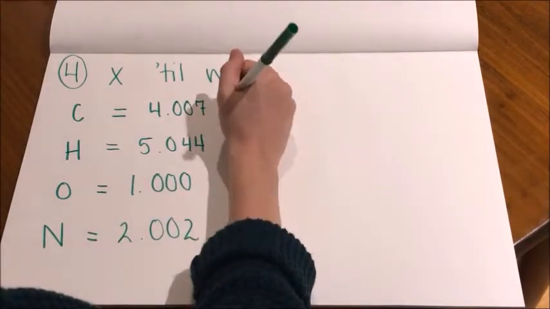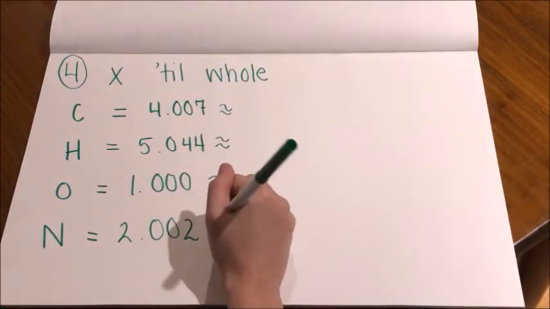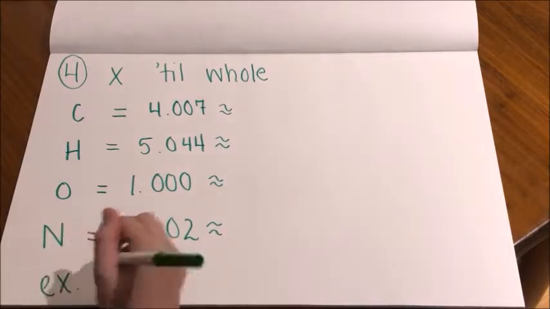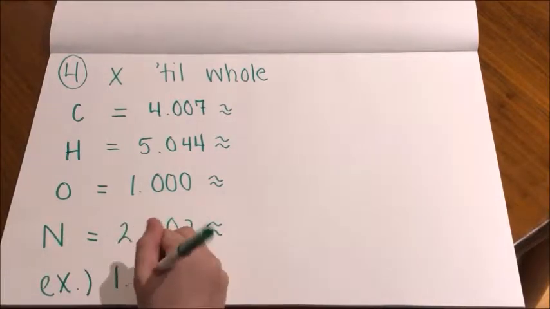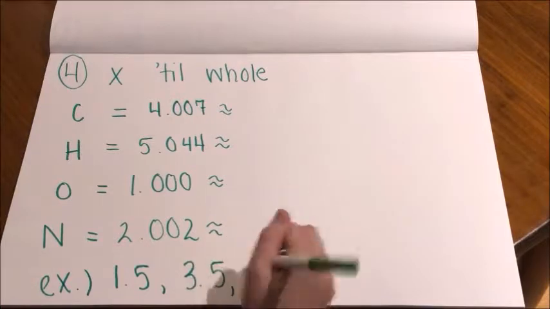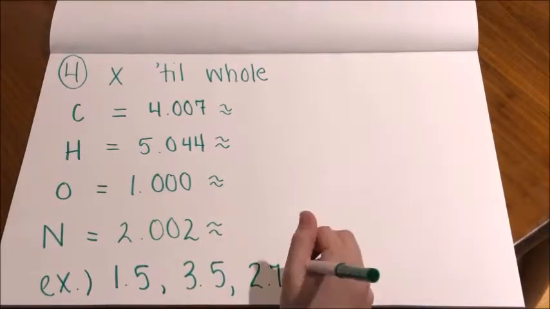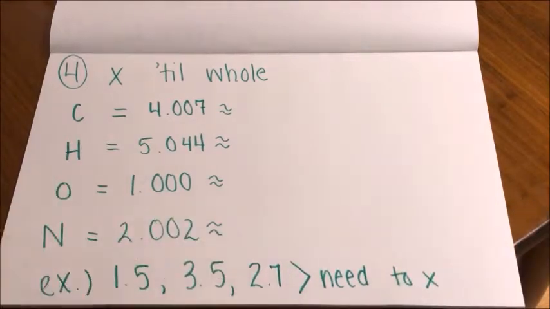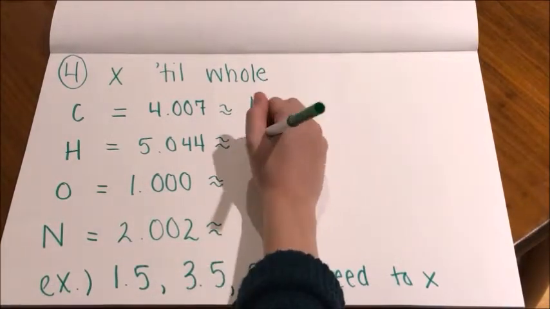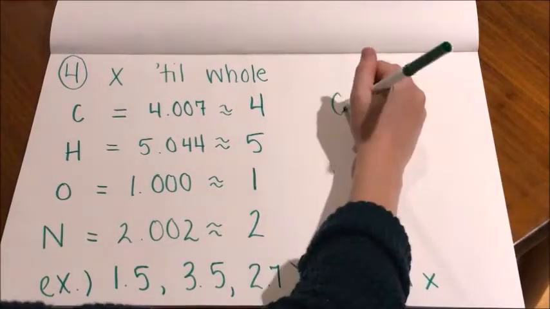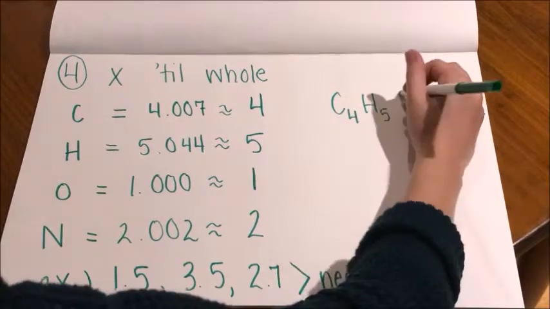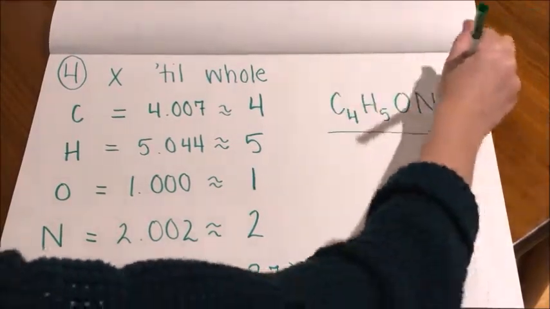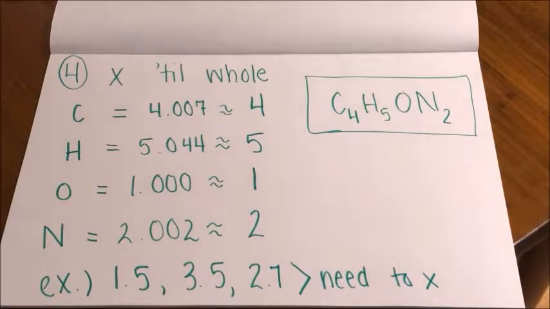If the numbers from the previous problem were very mixed numbers like these, then all of them would need to be multiplied by the same number until they are approximately whole. In this problem, the numbers are already approximately whole, so we are just going to round and do not need to multiply. We then apply those numbers and get the empirical formula.